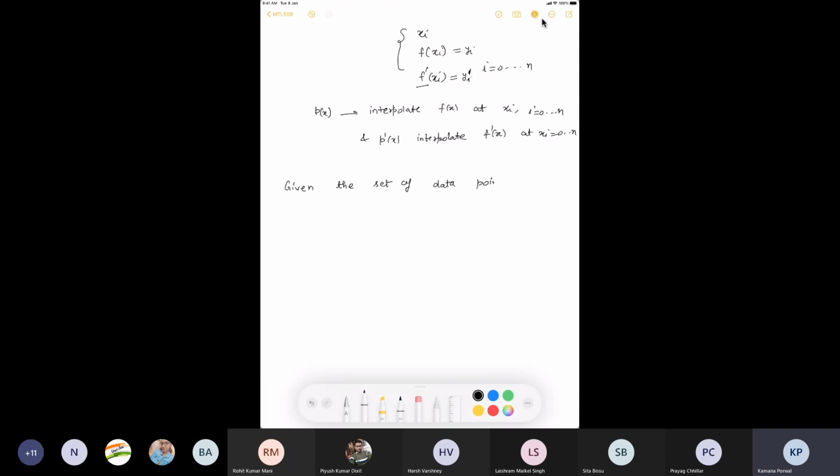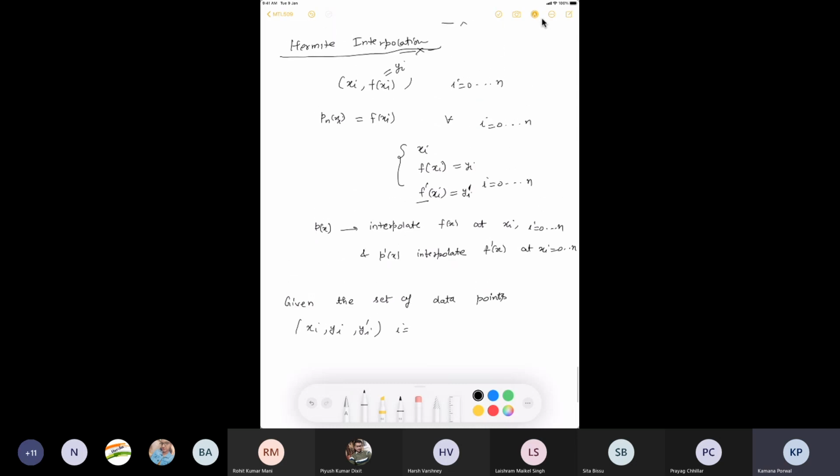So given the set of data points, we have xi's, yi's, and yi prime, where i is ranging from... I'll try to be consistent with what we have in the book.